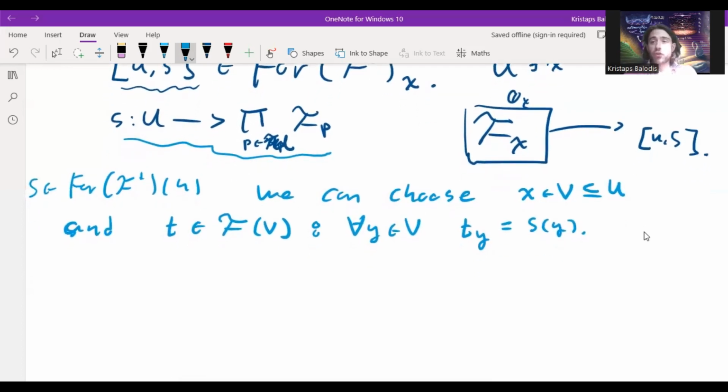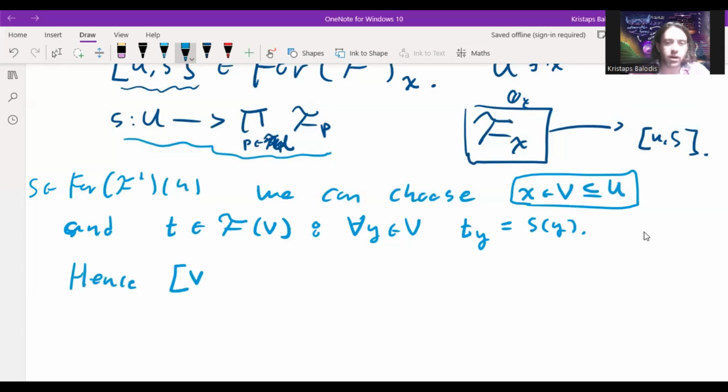Well, if V is an open set containing x, then the equivalence class, where I have V and t in V, is in the stalk of F at x, right?